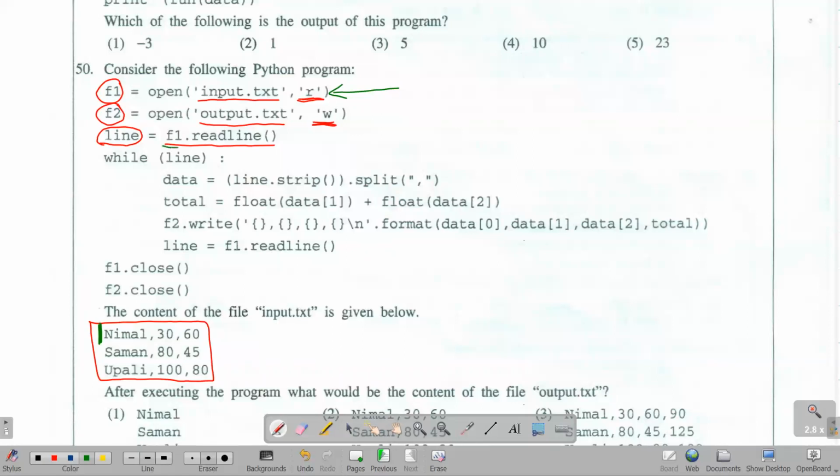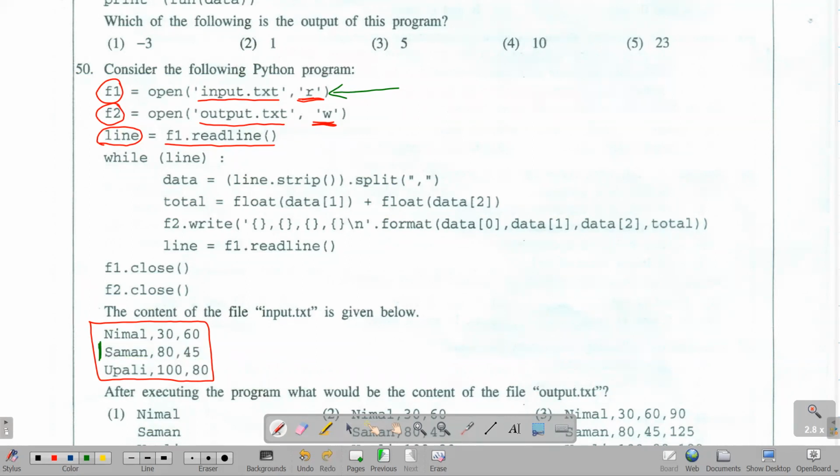The readLine function reads the line where the cursor is placed. If the cursor were placed on the second line, readLine would read that line instead.